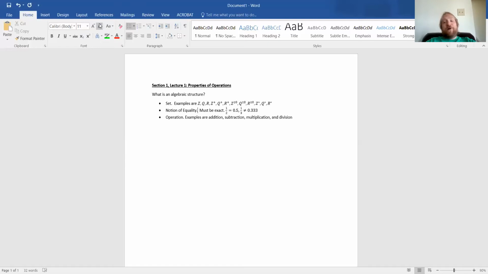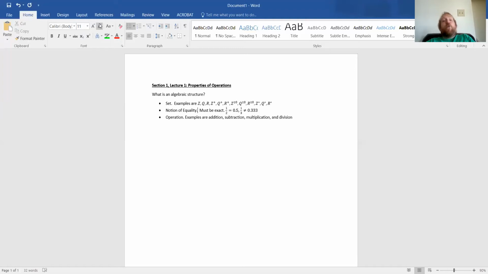Now, if you think combinatorially here, you've got 12 examples of sets, one notion of equality, and 4 examples of operations, that gives you 12 times 1 times 4, or 48 different algebraic structures that are all familiar, that all involve a familiar set of numbers and one of the 4 familiar operations.